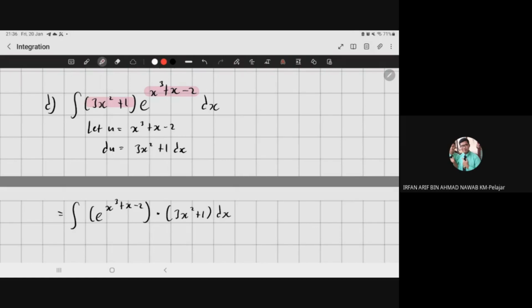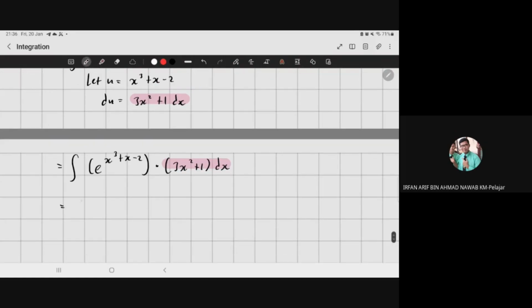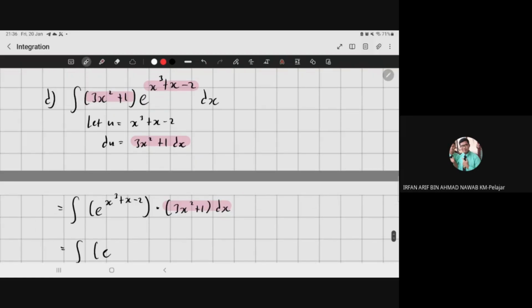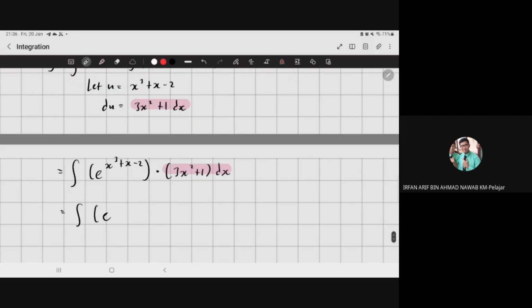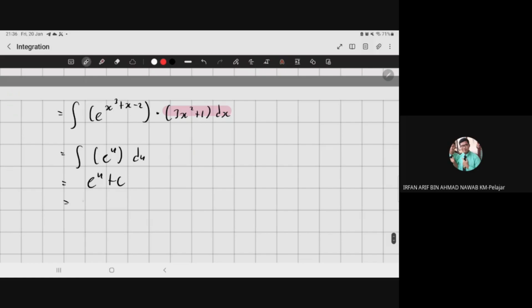So it is similar, and you could just substitute, including the power here, you will get e to the power of u du. For this exponent, the integral is the same thing, so e to the power of u plus c, and you know u is equal to x cubed plus x minus 2, so e to the power of x cubed plus x minus 2 plus c. That is how it's done.